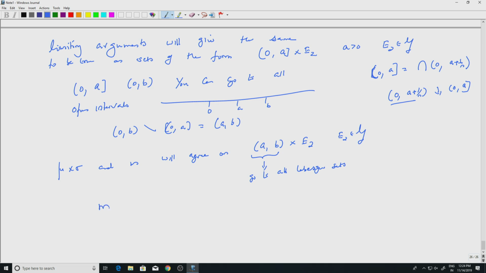So the measure M is identified with mu cross sigma on measurable rectangles, because from (a,b) you can go to E1 cross E2, where E1 is a general Lebesgue set in (0,infinity) and E2 was some general set in G. Those are the measurable rectangles. So these two measures agree on measurable rectangles.